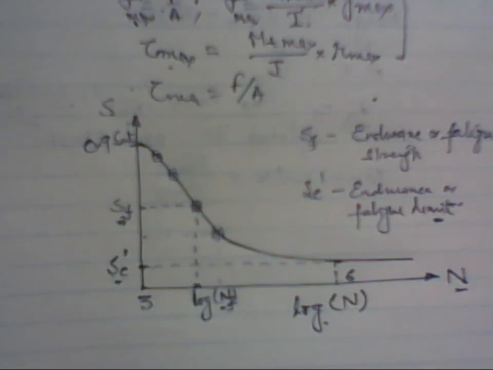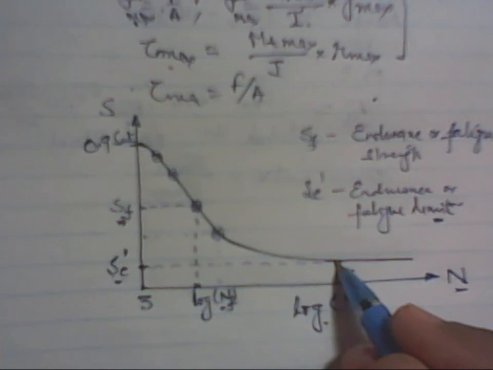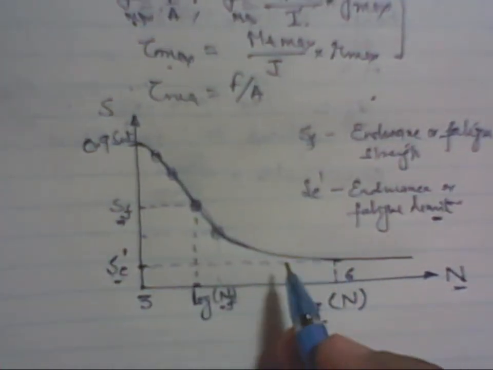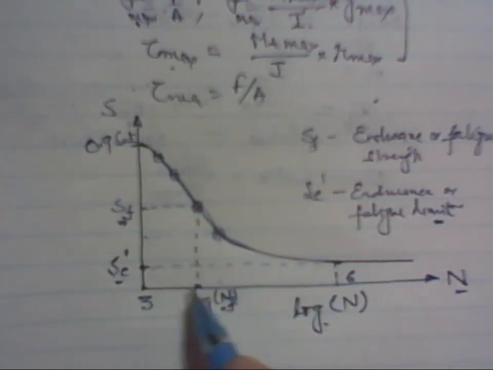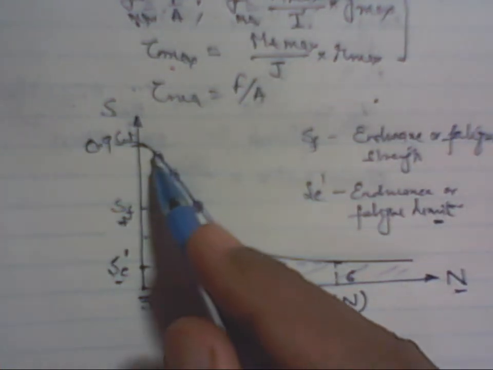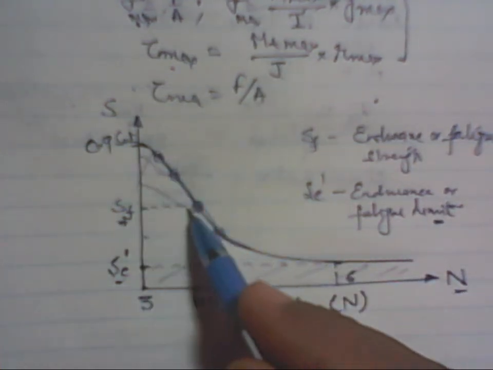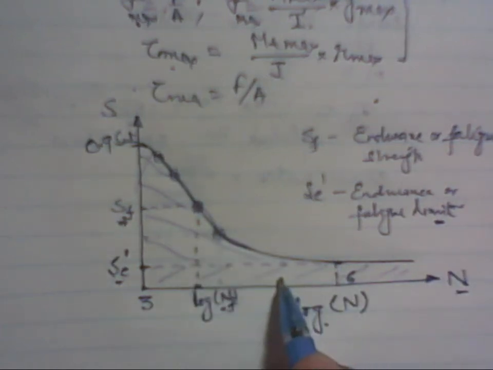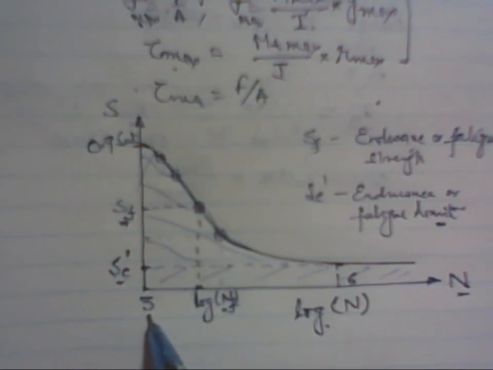Another important aspect is that any design between this limit and this limit is called finite life design, and any design below this limit is infinite life design. So we have two design aspects for fatigue stresses, finite life design and infinite life design, and we will be discussing both of these.